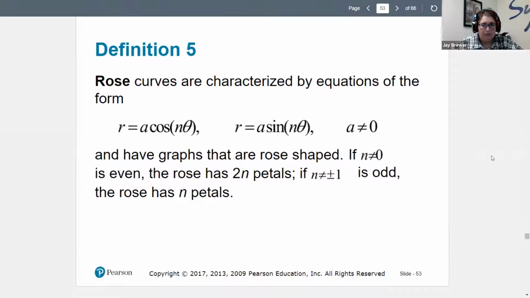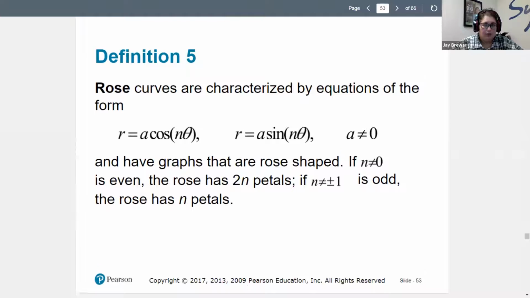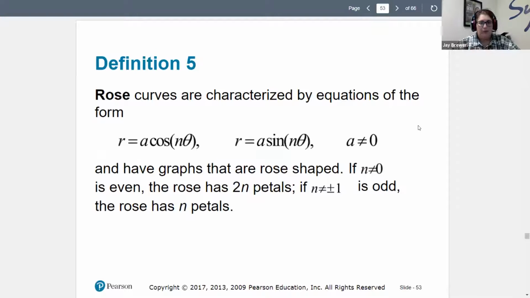So definition number 5, which is obviously the part you want to write down. Rose curves are categorized as the following: a cosine n theta or a sine n theta. And the graphs that are rose shaped, if n is not equal to 0 and is even, the rose has 2n petals.